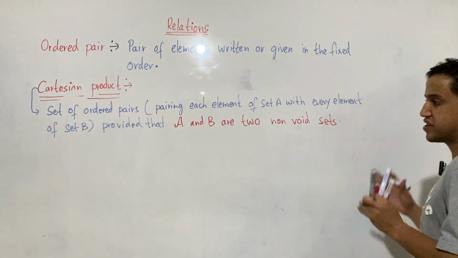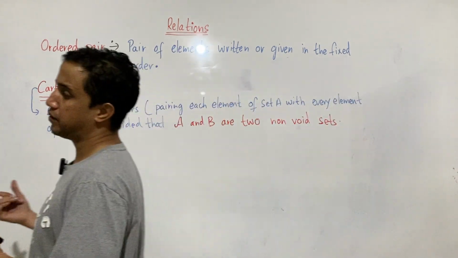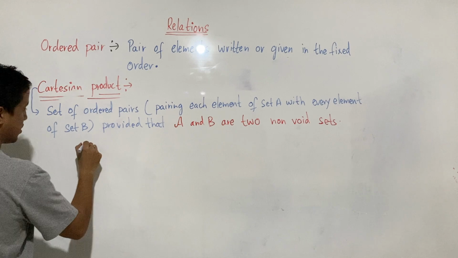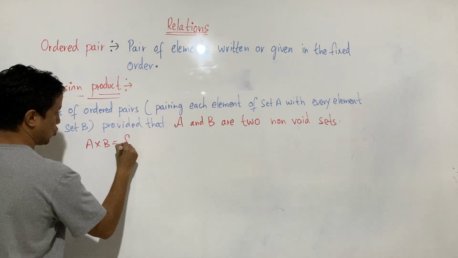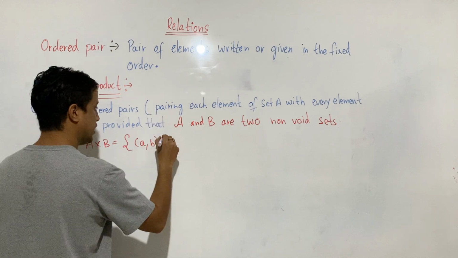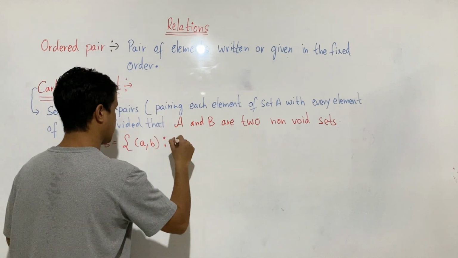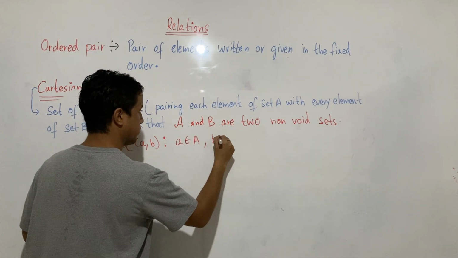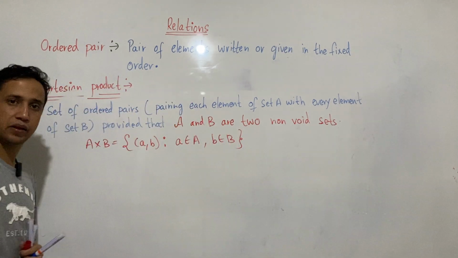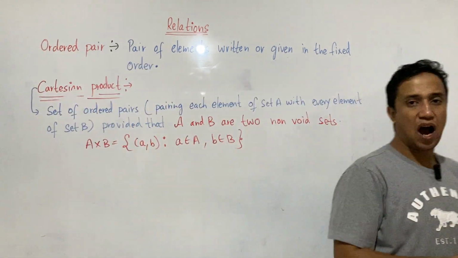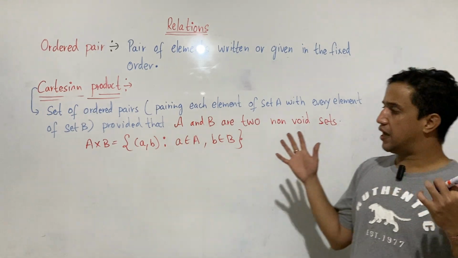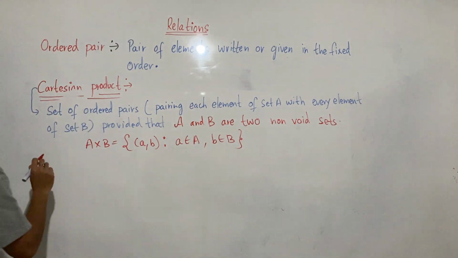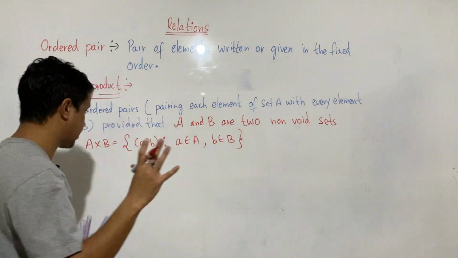And the mathematical definition in the set builder form is the same, where I can say that A cross B is the set of (a, b) such that a belongs to A and b belongs to B. Okay, as simple as that. Now, let's say that I have two sets. I just want you to understand a few things here.